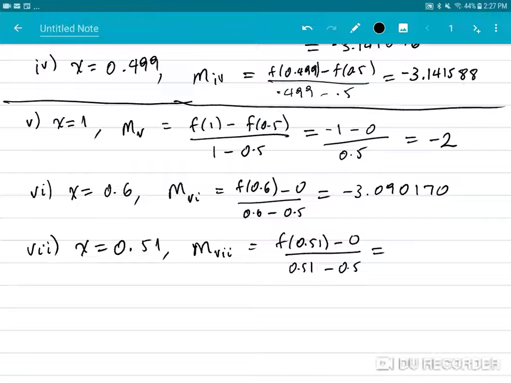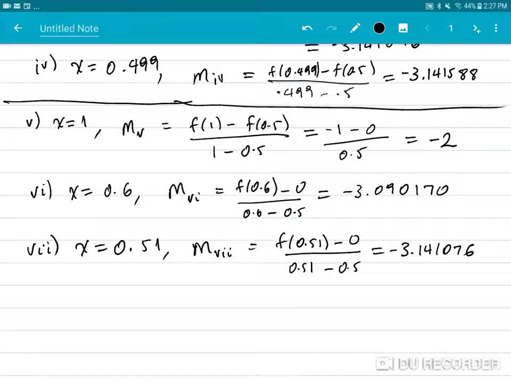I get negative 3.141076. It's the same number that I got with 0.49, and that's because the function is kind of symmetrical at 0.5.